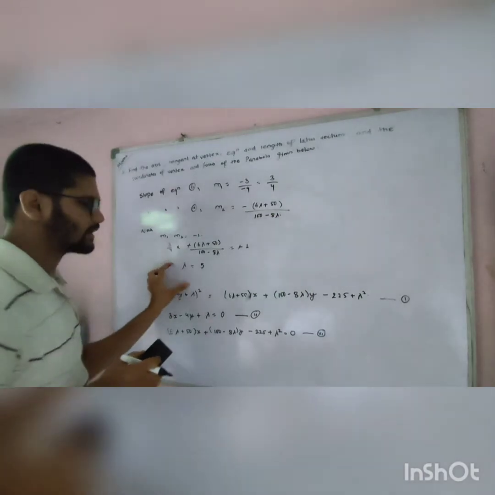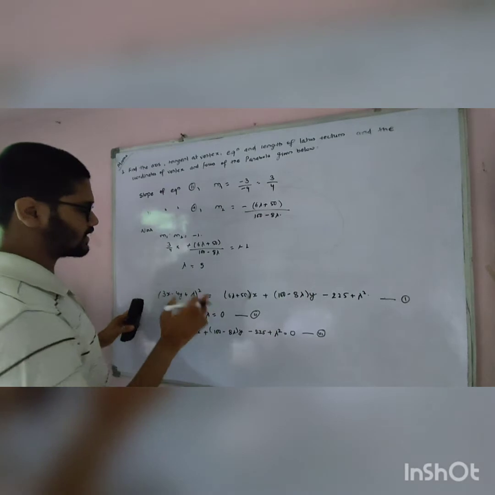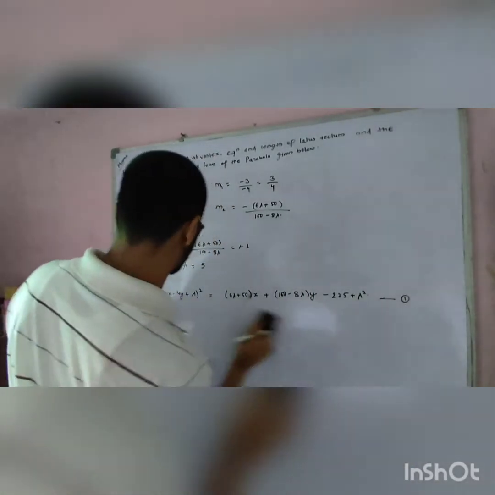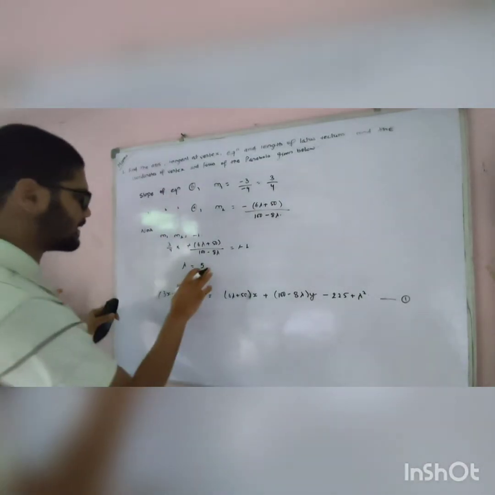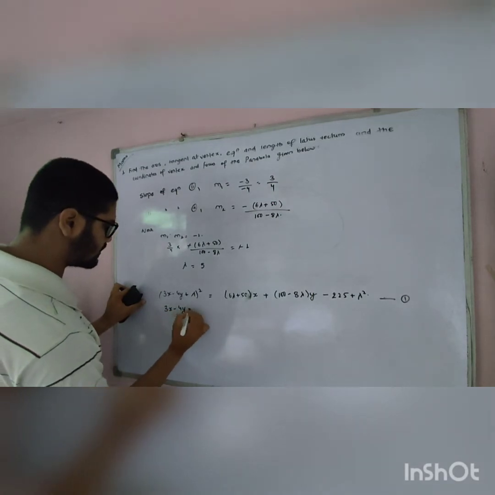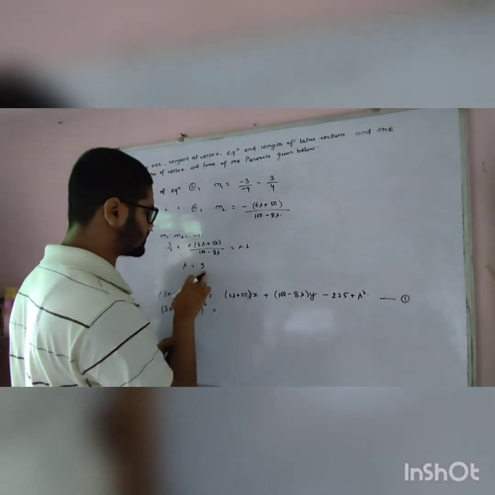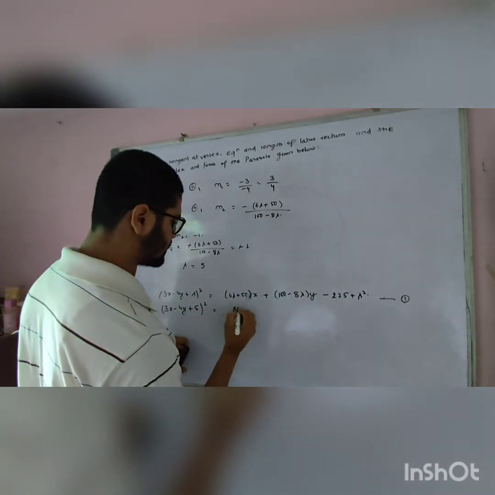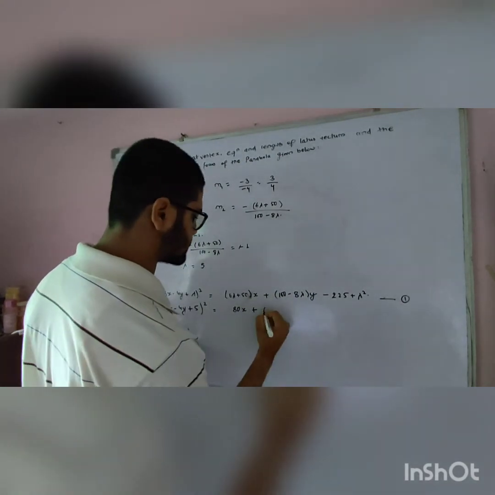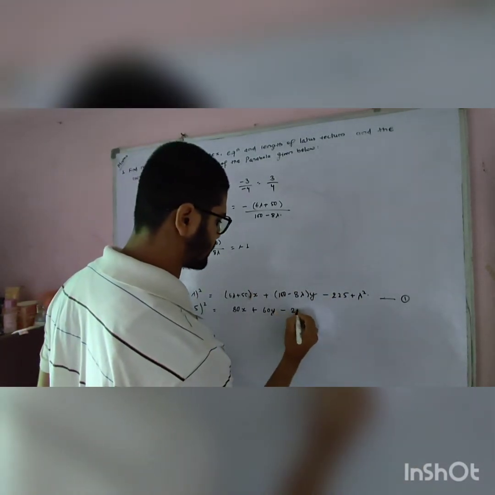Now this value of lambda can be substituted in equation 1. Substituting this we will get a new equation which will be used further. So we will get (3x - 4y + 5)^2 equals 80x + 60y - 200, since 6 times 5 is 30 plus 50 gives 80, 100 minus 40 gives 60, and lambda square 5 square gives 25 minus 225 is -200.